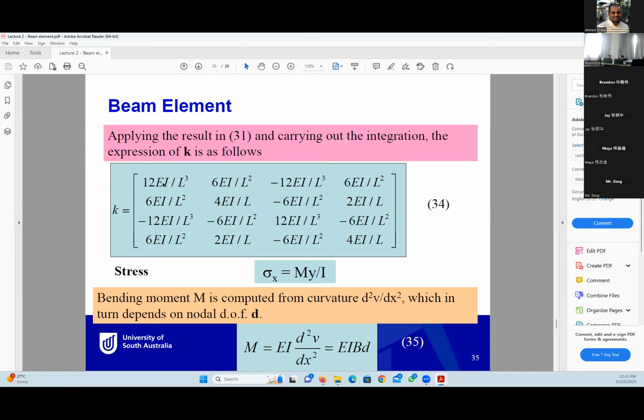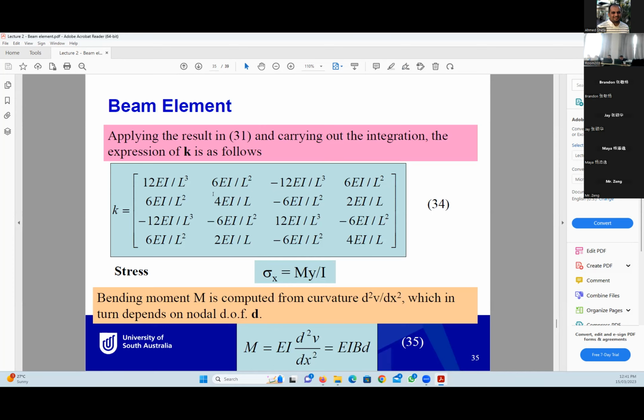What are the numbers inside? We have 12 EI by L cubed, 6 EI by L squared, negative 12 EI by L cubed, and 6 EI by L squared.